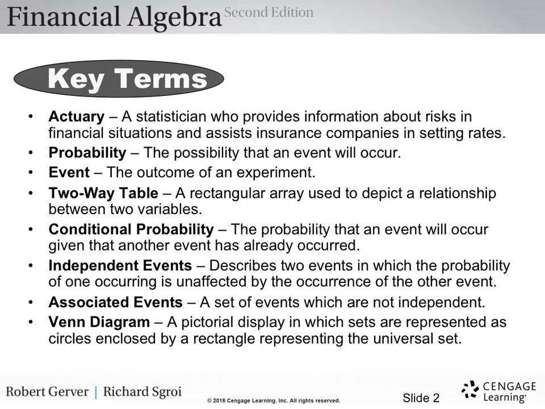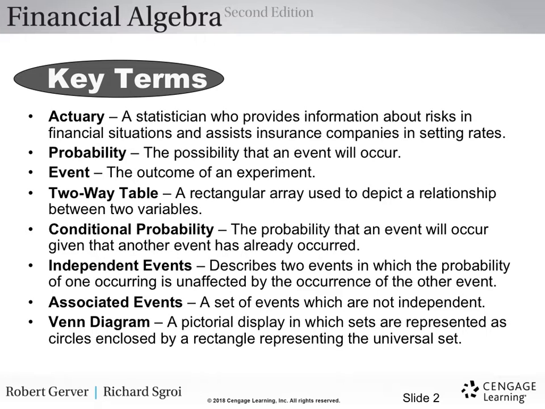The next is probability. This is the possibility that an event will occur. Next, event. This is the outcome of an experiment. Then we have two-way table. This is a rectangular array used to depict a relationship between two variables.